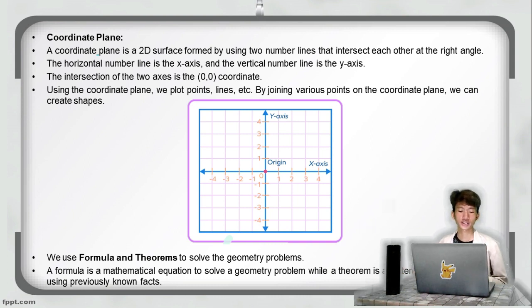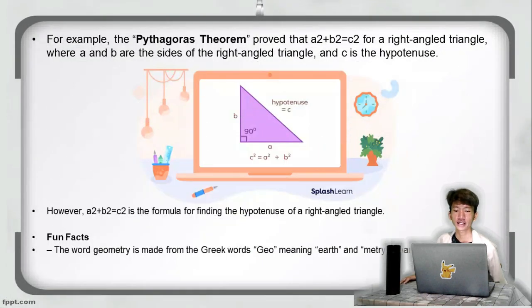We use formulas and theorems to solve geometry problems. A formula is a mathematical equation to solve a geometry problem, while a theorem is a statement that is proved using previously known facts. For example, the Pythagorean theorem proves that a² + b² = c² for a right-angled triangle, where a and b are the sides of the right-angled triangle and c is the hypotenuse.